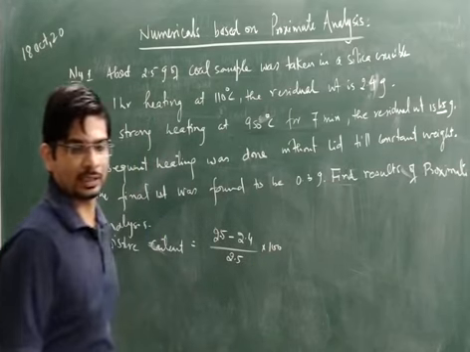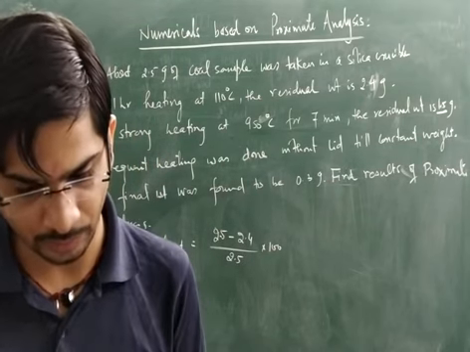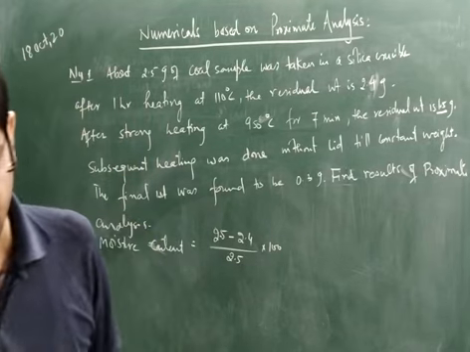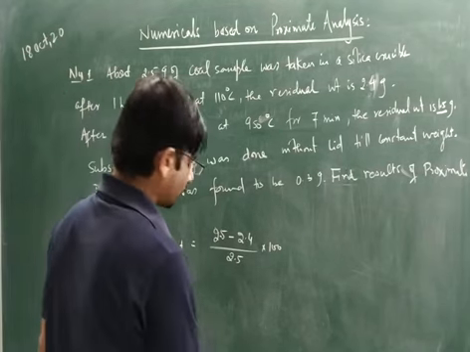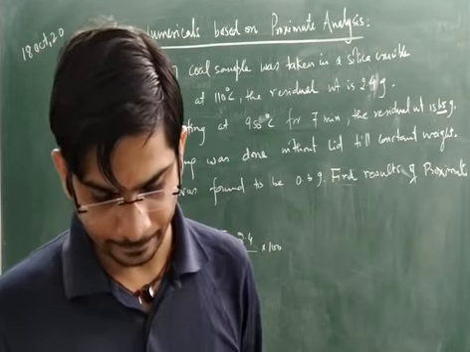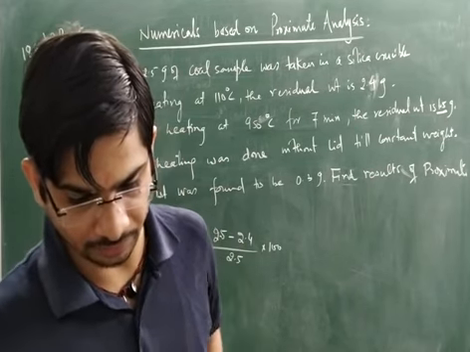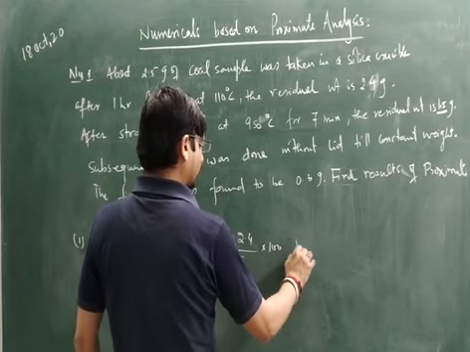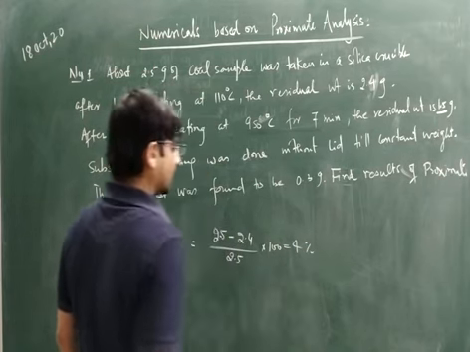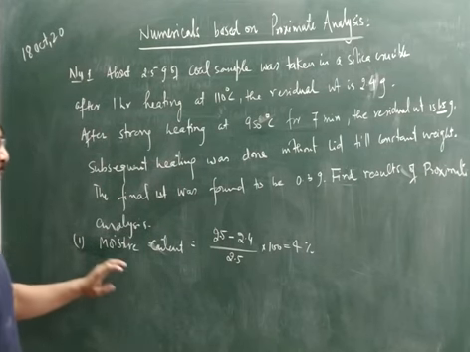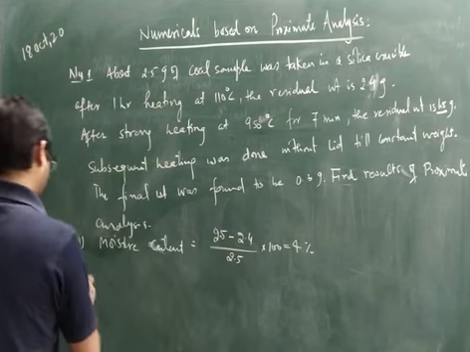Simple, as simple as that. You can calculate and verify it. The value comes out to be 4%. That means the coal sample contains 4% moisture.